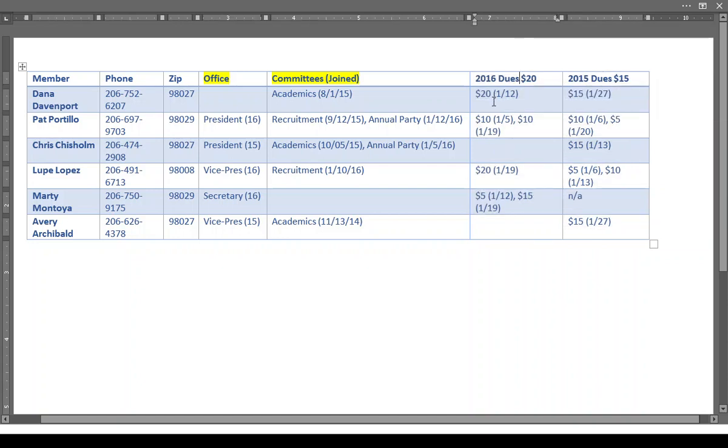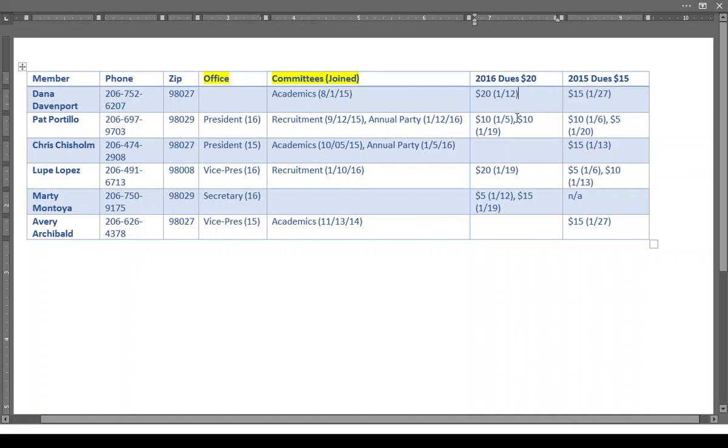That's the idea of multiple columns containing repetitive types of things. Also, here we have two pieces of data in each cell: a dues amount, or a payment toward the dues, and the date that it was made. That's again non-scalar. There are two pieces of information in one cell, and we know that's not right.